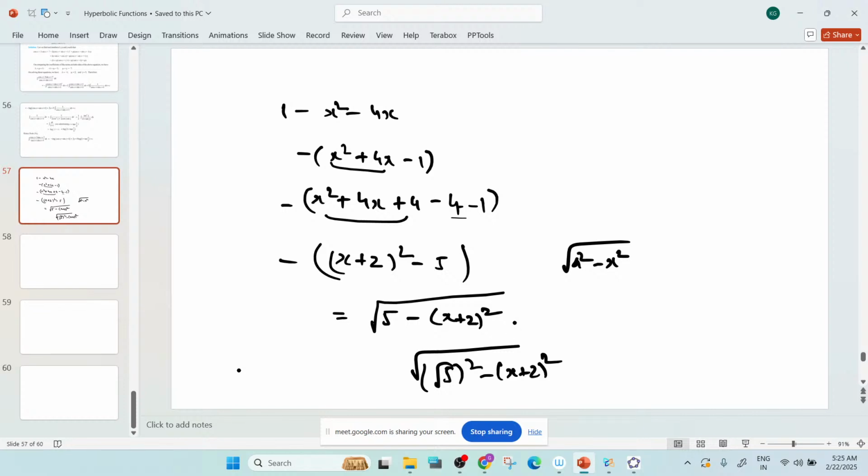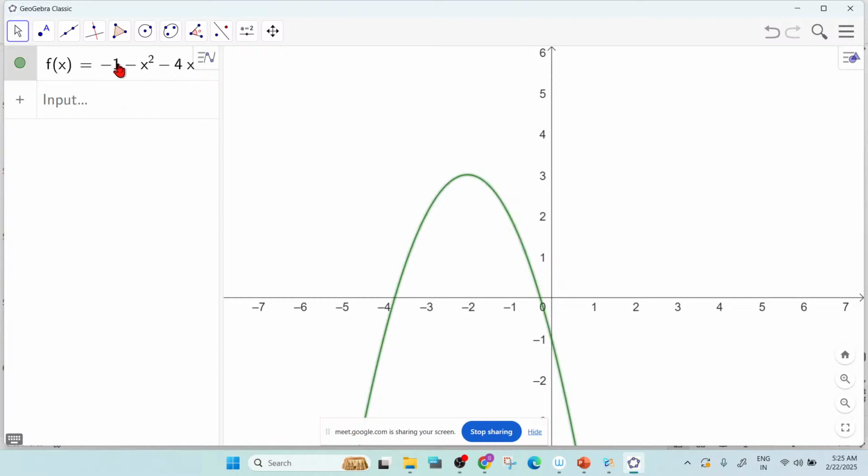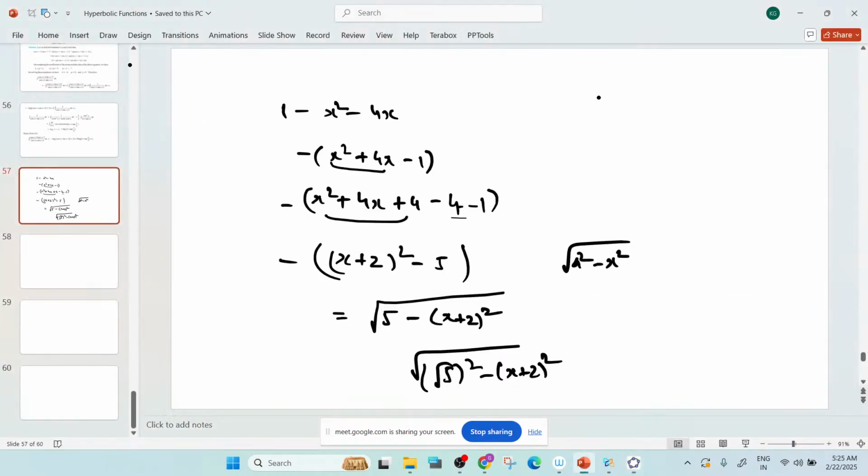Okay, so now I'll give you one more example. This is 1 minus x square minus 4x, right? So let's say this is actually minus 5 minus x square minus 4x.